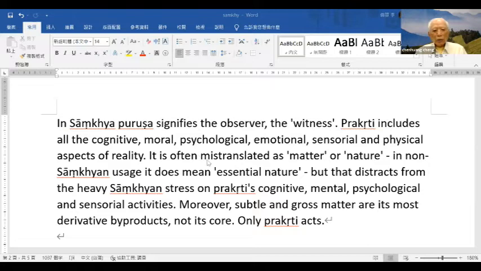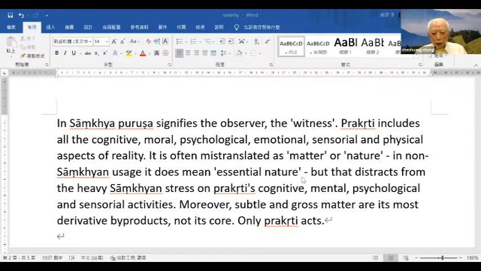Actually, it is mistranslated not only in English literature but even in Buddhist literature, and not only in English but also in Chinese. In non-Samkhya usage, it does mean essential nature. There's no doubt.